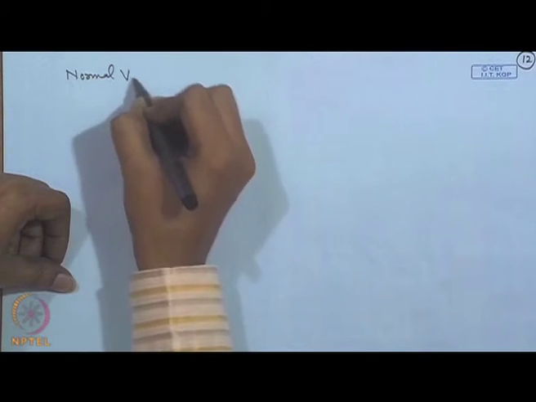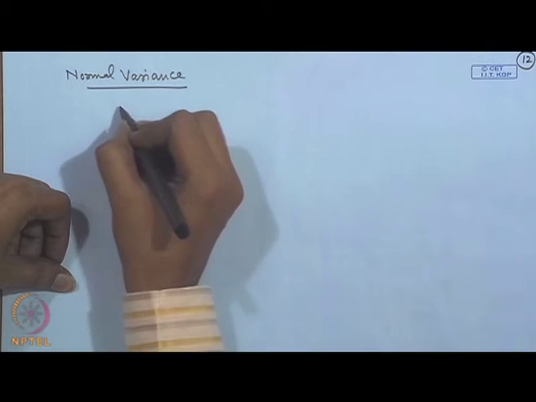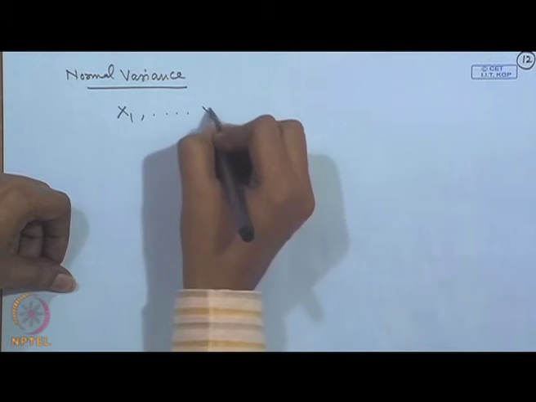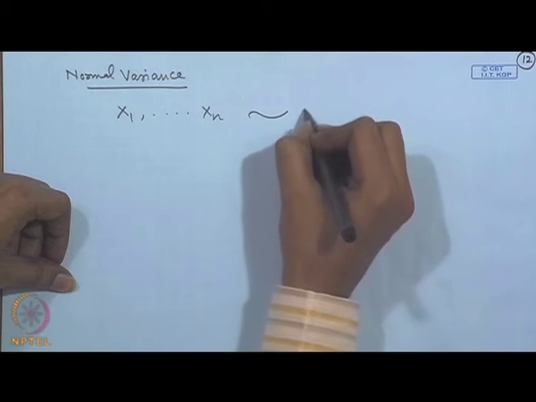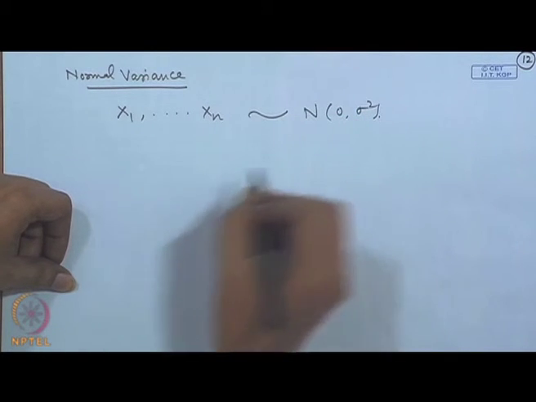So, let us look at that case. Applications to testing for normal variance. We have a random sample from normal 0, sigma square distribution.